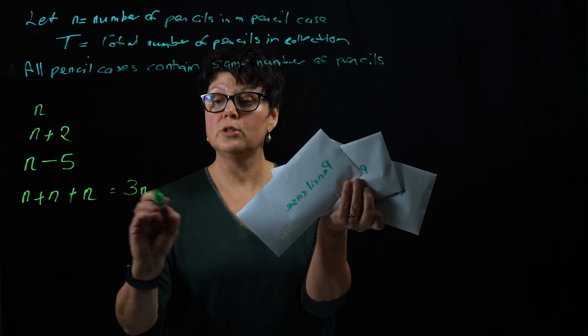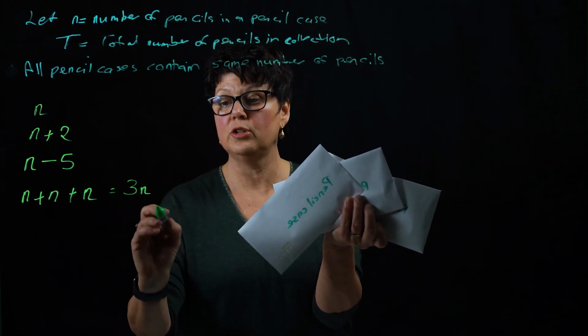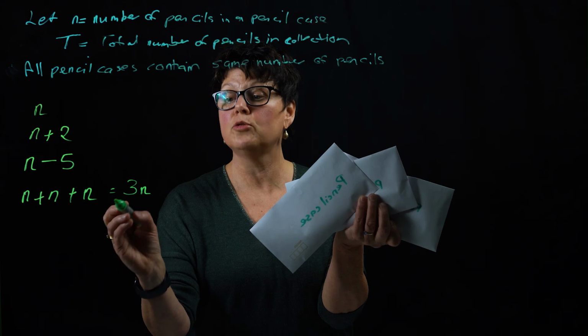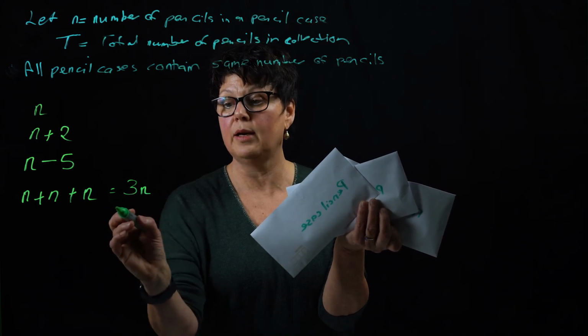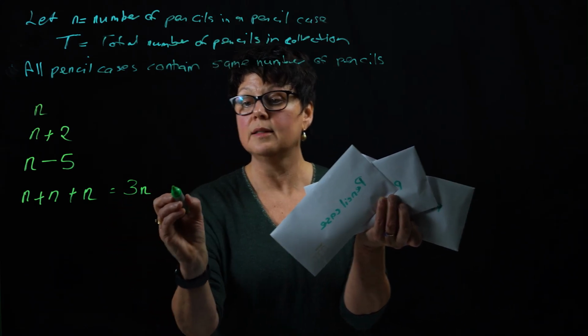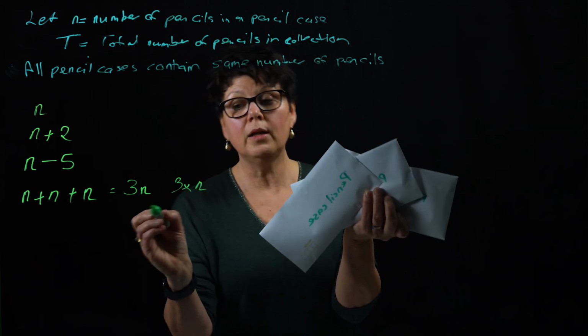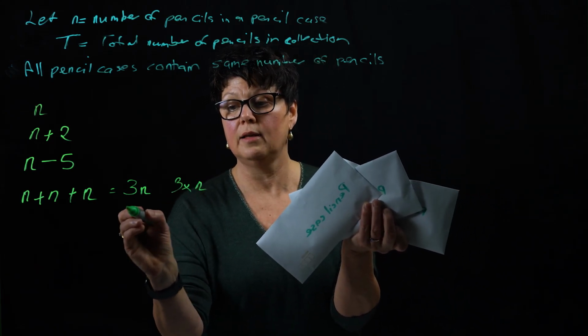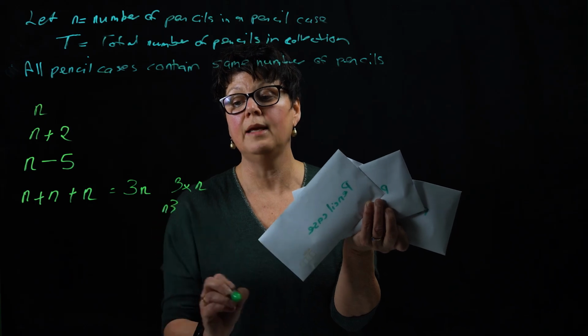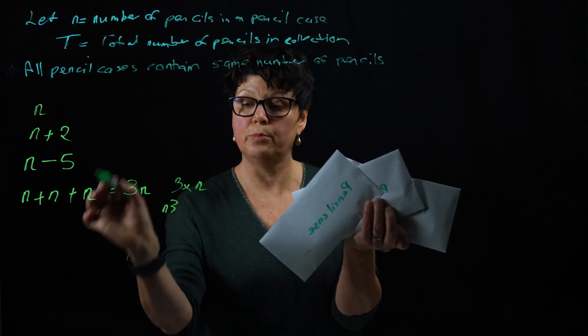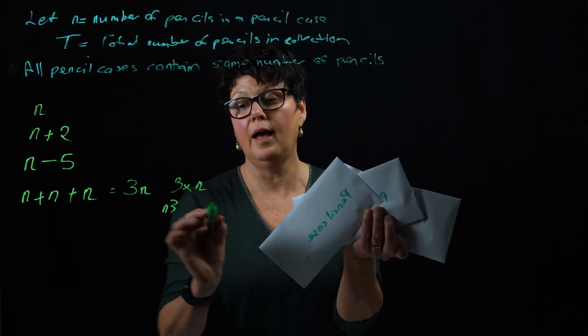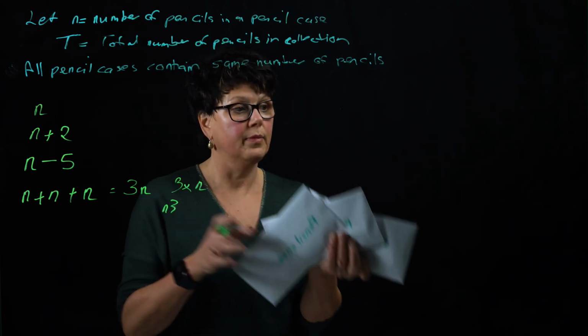And this might be a good time to discuss the convention that we have a multiplication sign between our number and our variable, so 3n stands for 3 times n. And while it's not incorrect to write n3, the convention is to put our numbers first and then our variables.